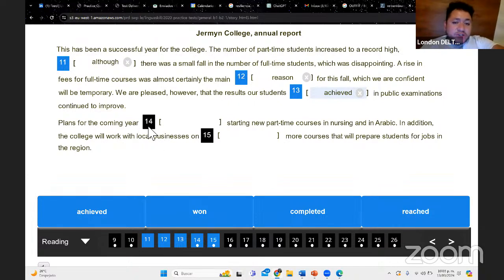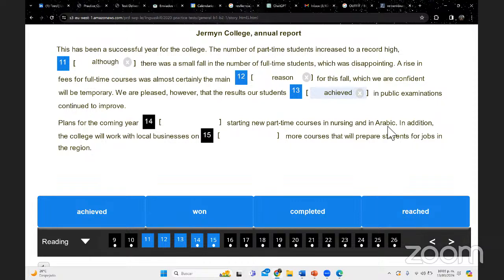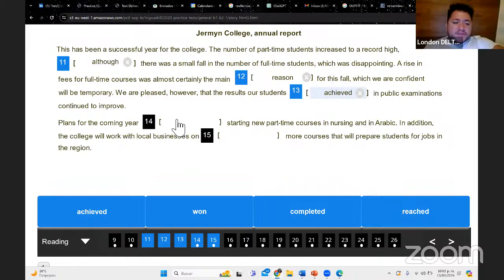Let's check now 14. Please, can you read, Cres, from plans to Arabic. Plans for the coming year, starting new part-time courses in nursing and in Arabic. Okay. So plans for the coming year hold, contain, include, consist. Okay, plans for the coming year.